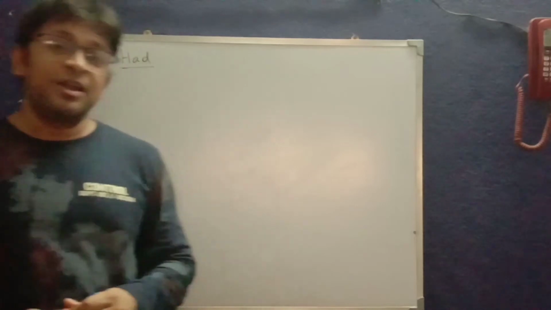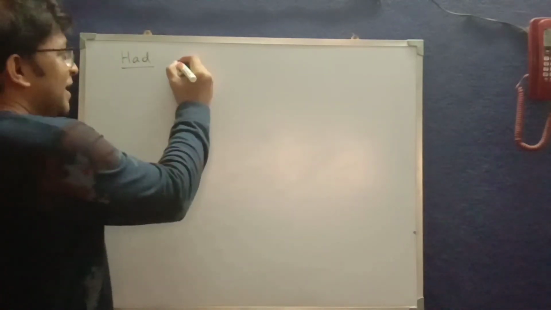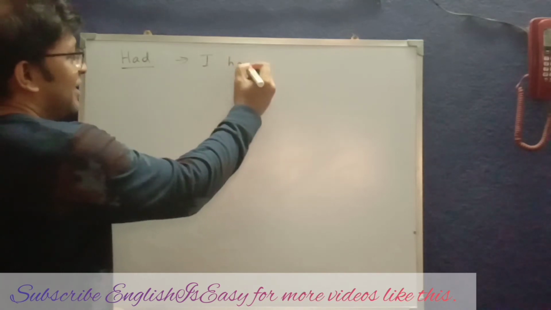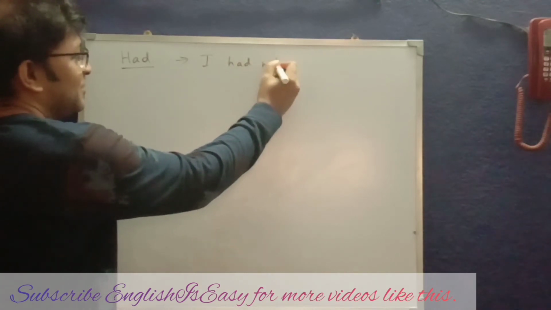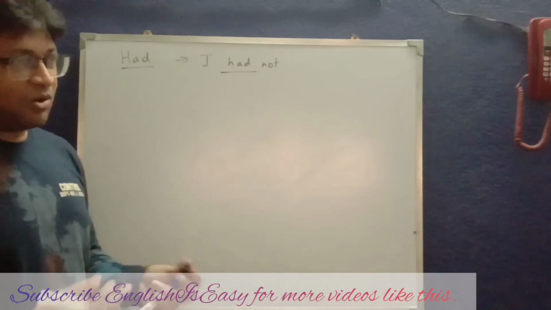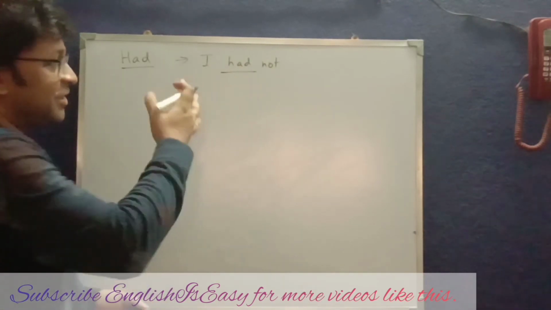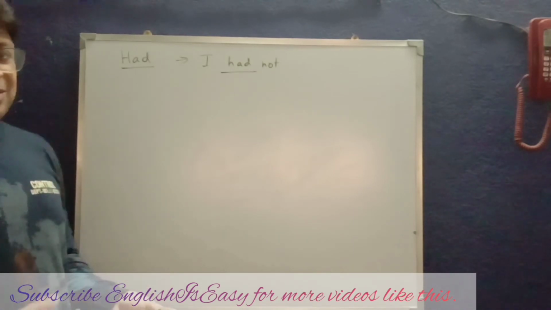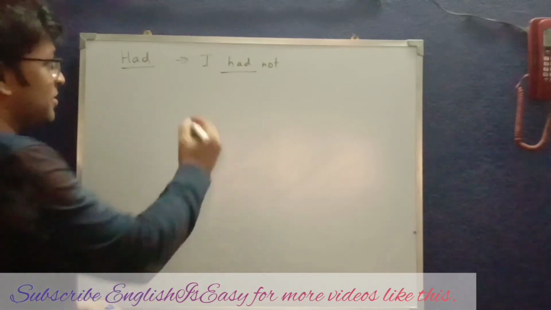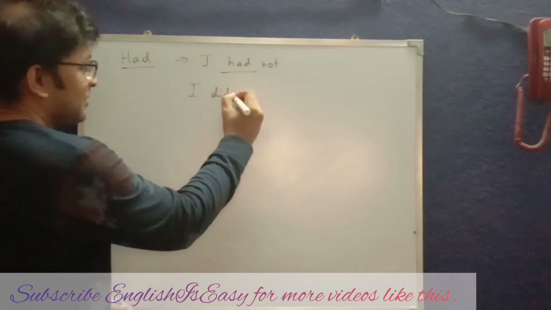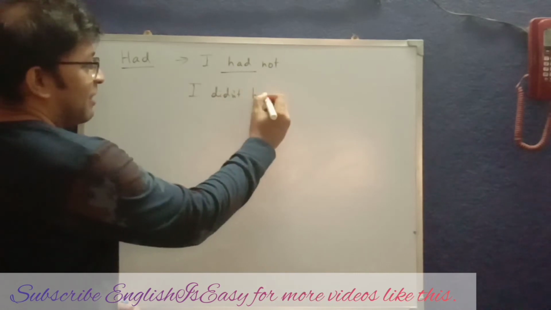Now, in Old English, if we write like this, I had not, it is quite correct. But in modern day English, we do not use this kind of sentence. In modern day English, we use a different kind of sentence. Suppose, I didn't have.